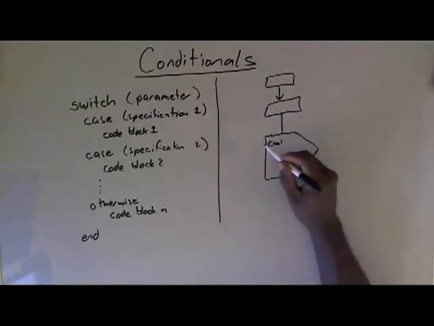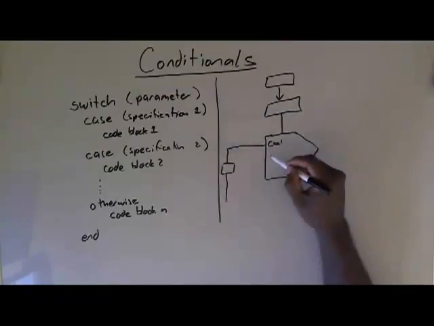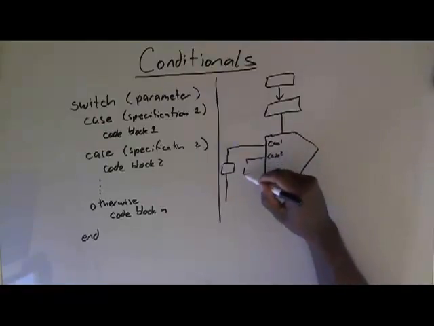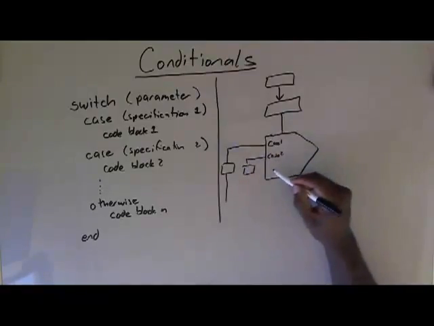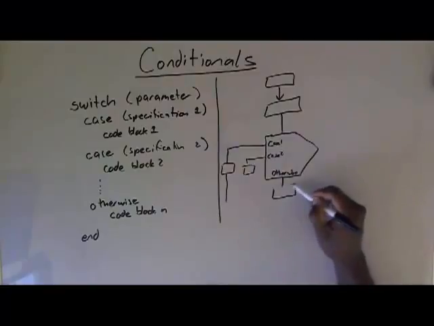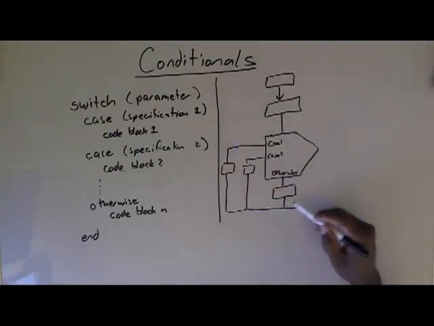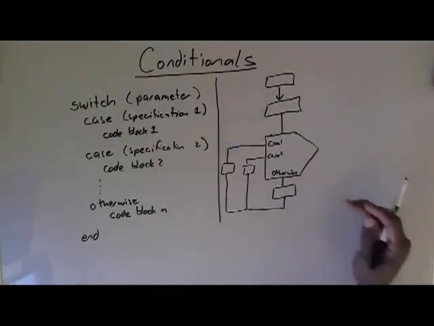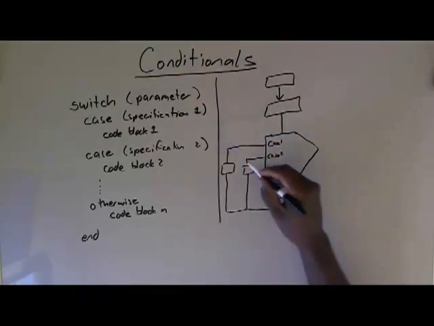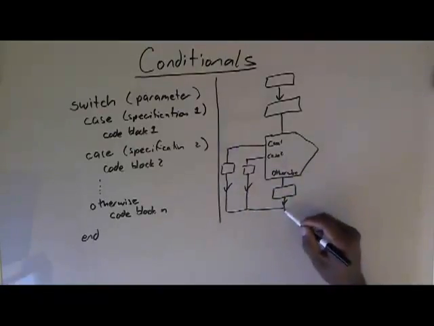If case 1 is met, then you run this code block. If case 2 is met, then you run this code block. Otherwise, you run this code block. Something like this, just to give you a visual to think about it.